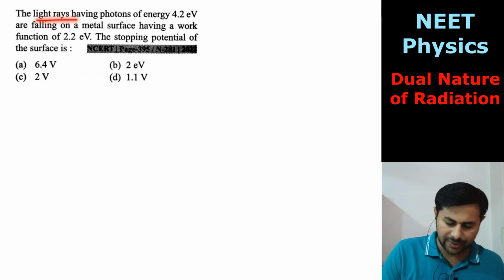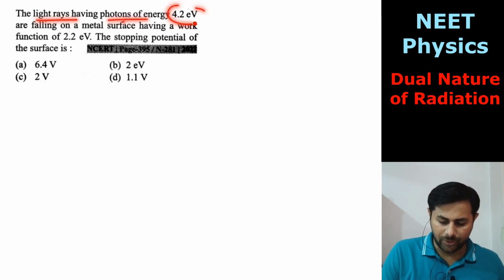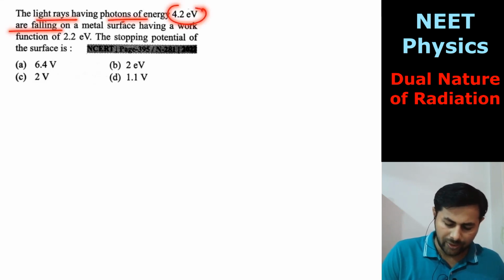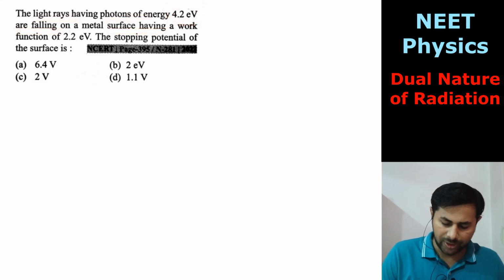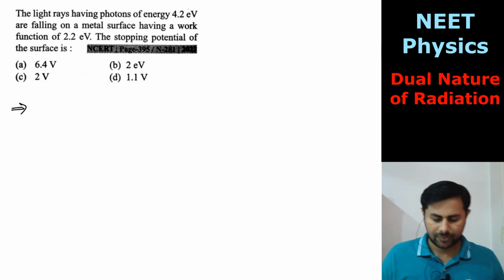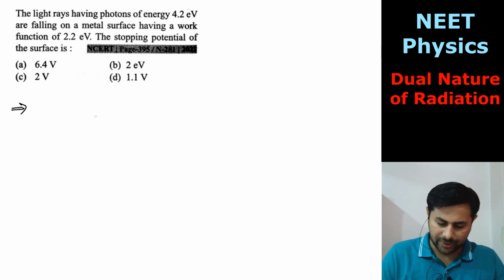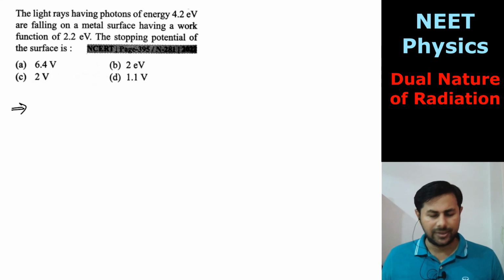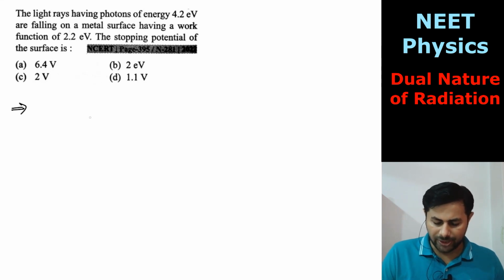The light rays having photons of energy 4.2 electron volt are falling on a metal surface having work function of 2.2 electron volt. The stopping potential of the surface is. Okay, the light rays having photons of energy 4.2 electron volts. This is very simple. Again, stopping potential, see, you can write eV naught, right?